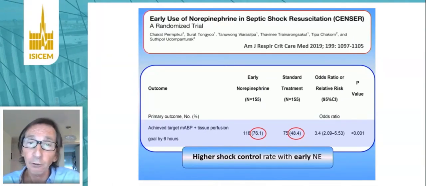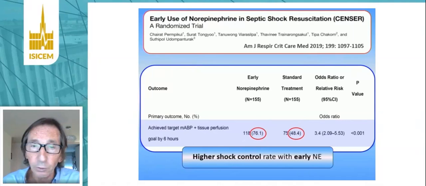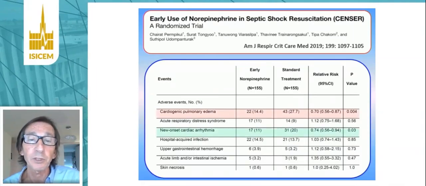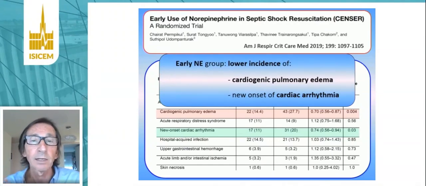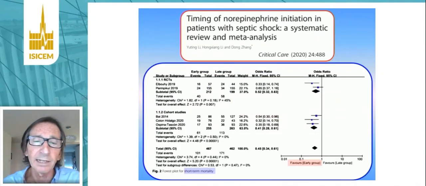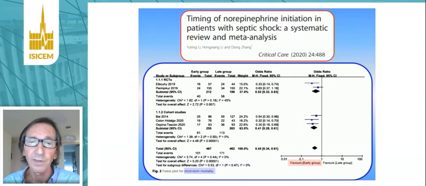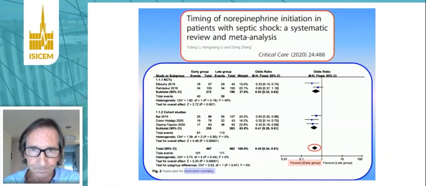And this was the primary outcome of this study. So good result with early norepinephrine administration, and with less cardiogenic pulmonary edema and less new onset of cardiac arrhythmia. So many beneficial effects. And this meta-analysis recently published in Critical Care showed that the early administration of norepinephrine compared to delayed was associated with decreased short-term mortality.